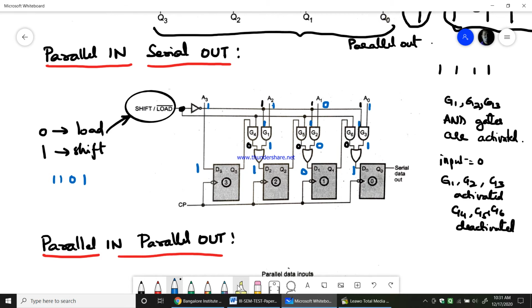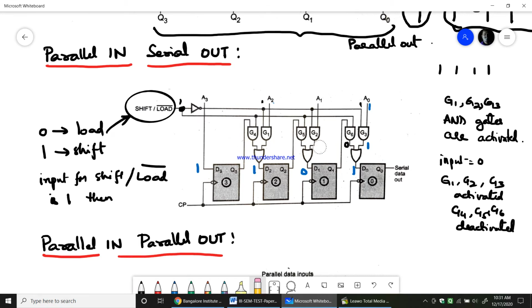Now when the input for shift/load bar equals 1, you see that as this is 1 now, the NOT gate output becomes 0.